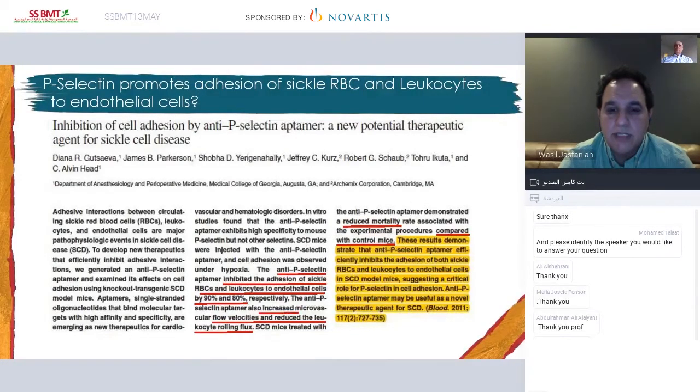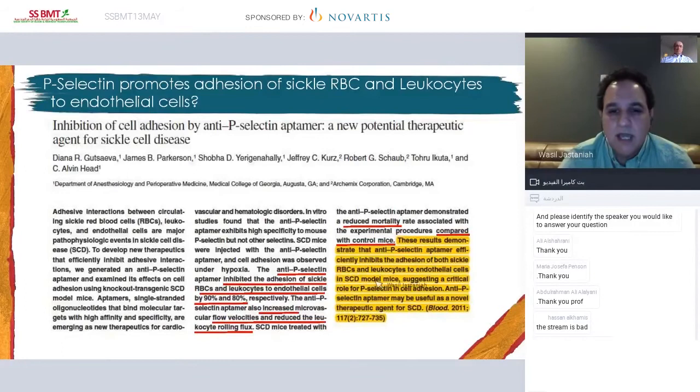Another study looking at inhibiting P-selectin using an anti-P-selectin molecule in sickle cell mice showed that mice that were given an anti-P-selectin had an 80 to 90% reduced adhesion of erythrocytes and leukocytes to the endothelial cells.